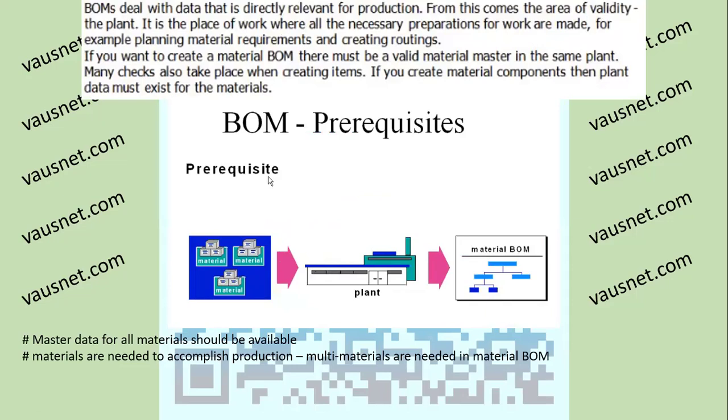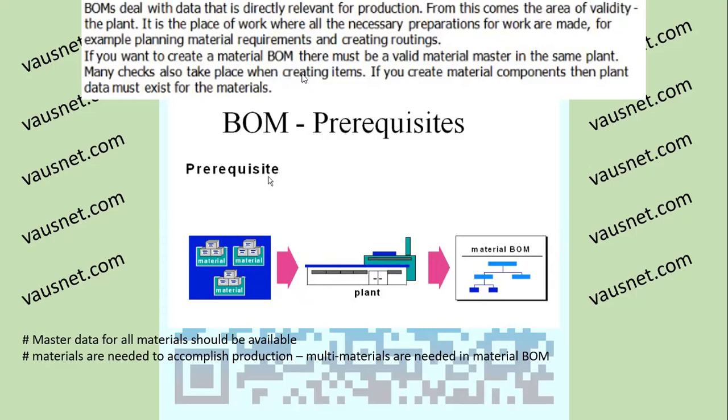Without that, you cannot store or produce a material. So the prerequisite is to have a plant. The plant will be the foundation to create a material BOM, because the plant will first have the material before you can make a bill of material. If you want to create a material BOM, there must be a valid material master in the same plant.